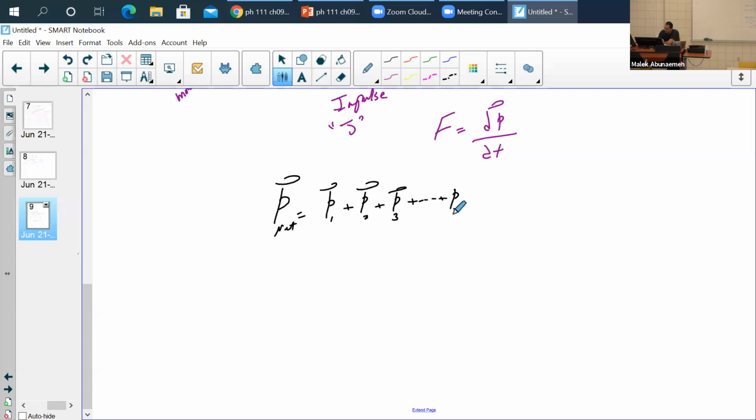I mean, we use n, so let's just take n. That means there's going to be your mv1 plus your mv2 plus your mv3 plus whatever it is, mvn, which is basically all your masses multiplied by the velocity of the center of mass.